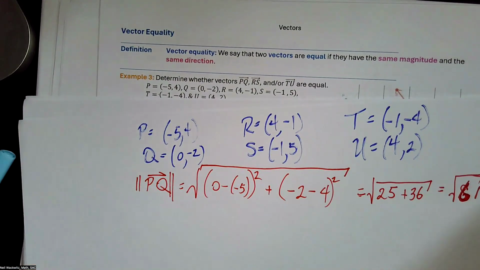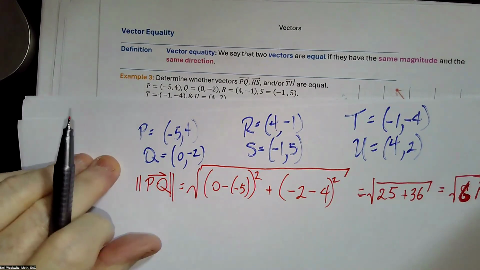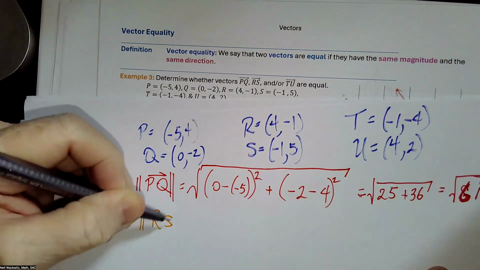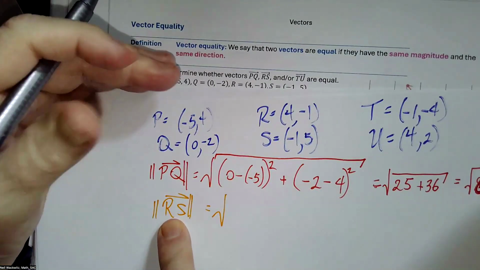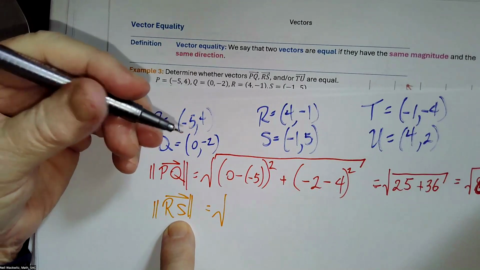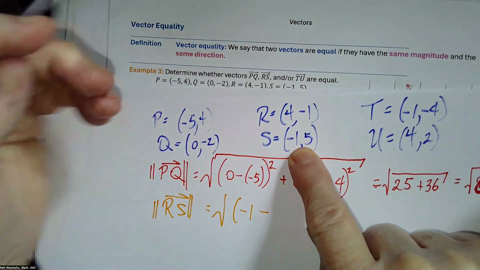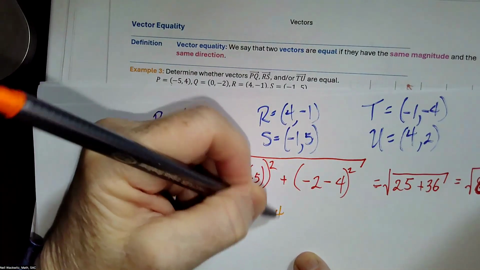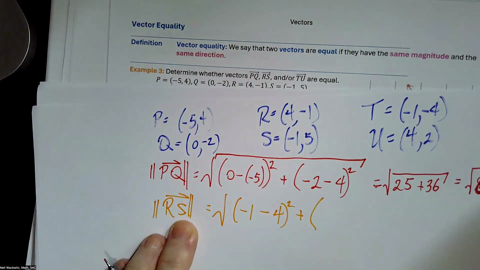All right, let's look at the magnitude of RS. So let's see, the x coordinate of S is -1. The x coordinate of R is 4. The y coordinate of S is 5.